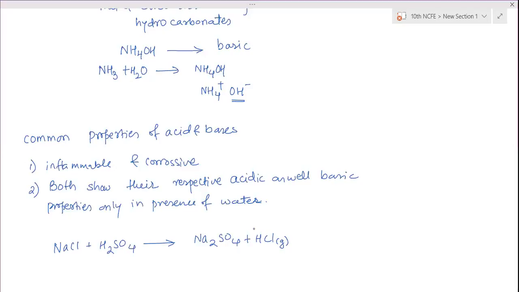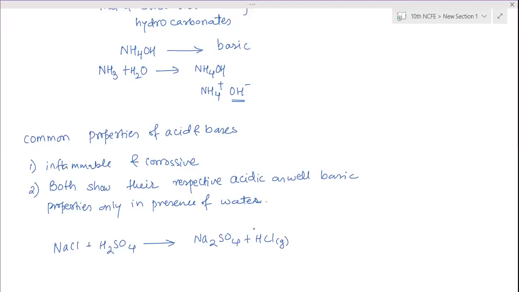But when HCl gas is tested with wet litmus paper, HCl gas immediately dissolves in the water to form free H plus ions, which show acidic properties, and therefore the color of the litmus paper changes from blue to red.